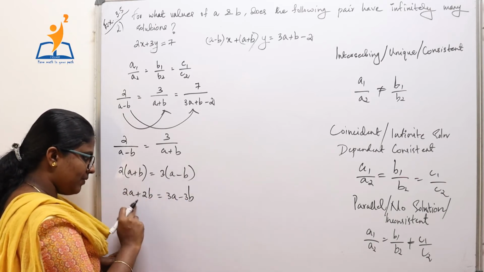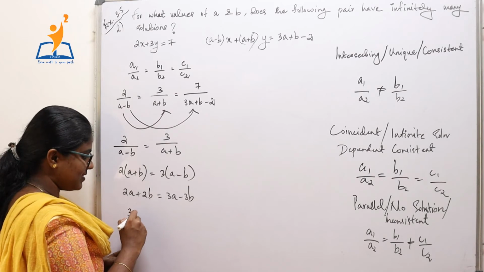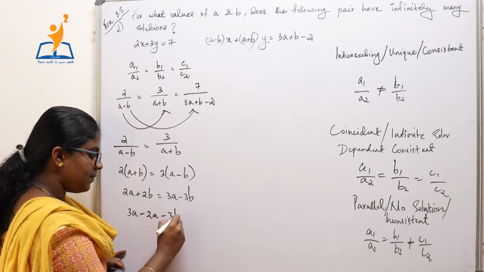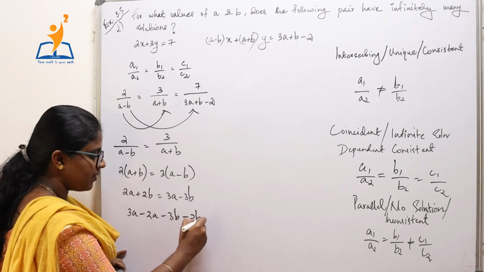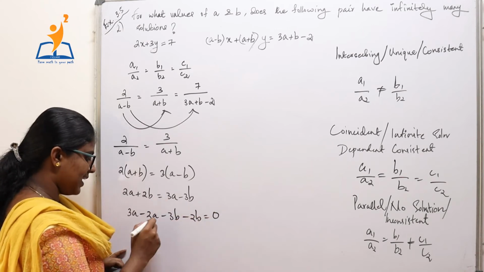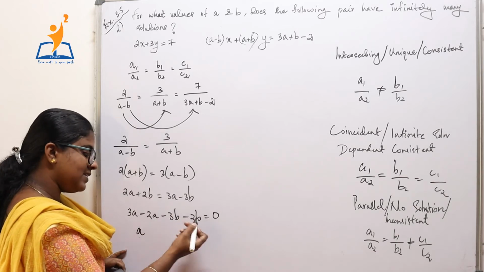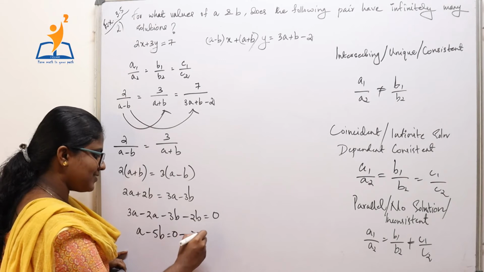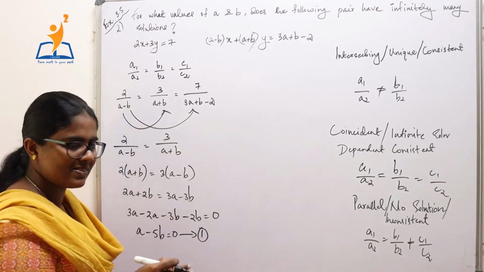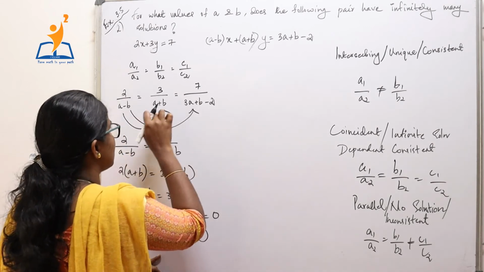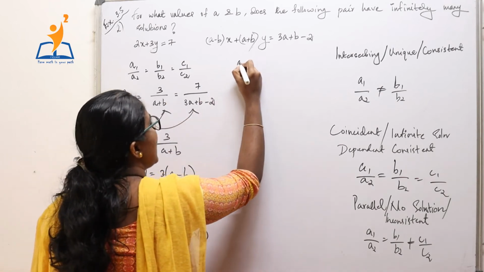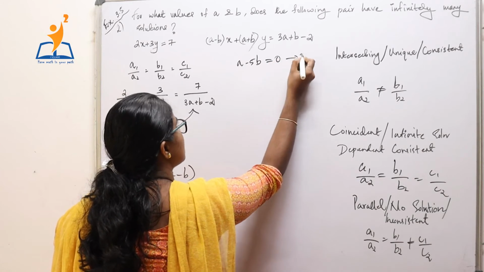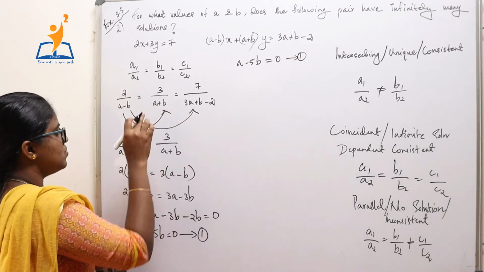So we will take all the terms towards this side, that is 3a minus 2a minus 3b minus 2b equals to 0. That is 3a minus 2a is a, minus 3b minus 2b is minus 5b equals to 0. A minus 5b equals to 0 is the first equation when we equate these two conditions. This is our equation number 1.